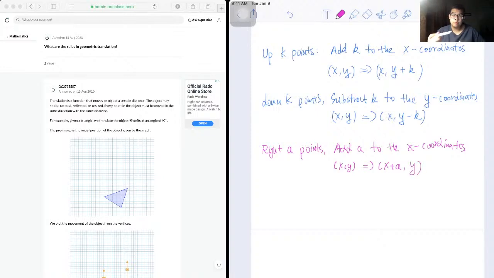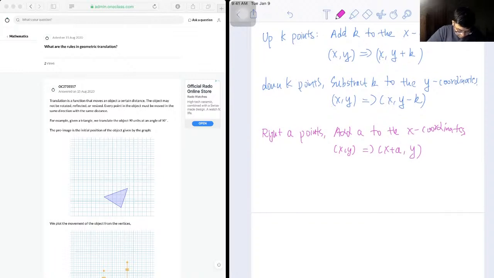Because we are only moving to the right or to the left, the y coordinate always remains the same. And same for left a points. We subtract a from the x coordinate.